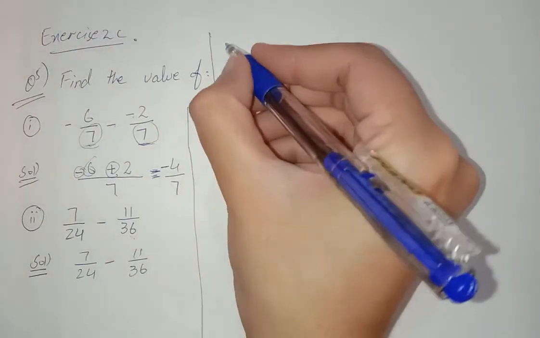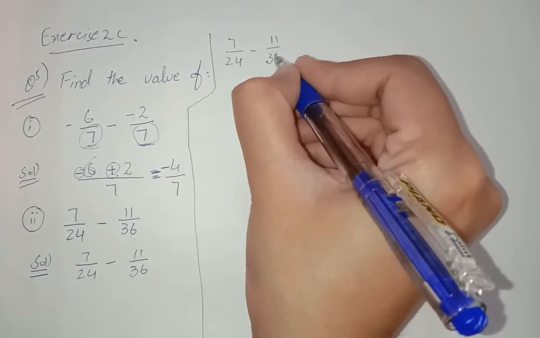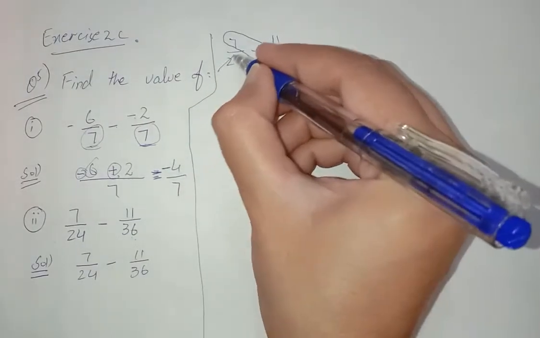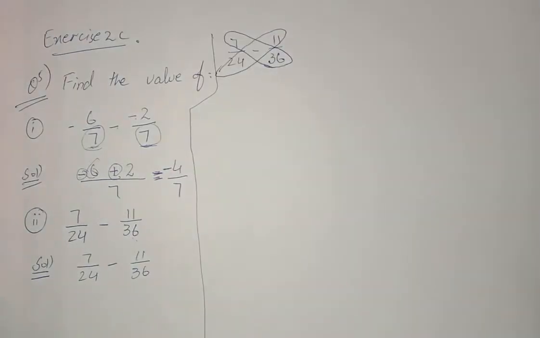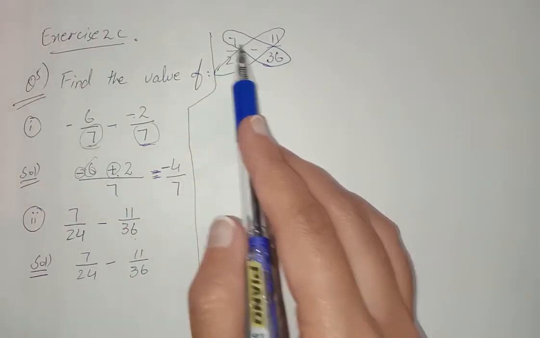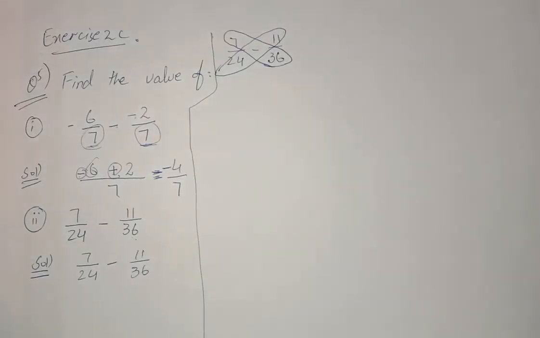I can tell you what the butterfly method is. The butterfly method is 7 by 24 minus 11 by 36. We have to make the butterfly. How can we make the butterfly? 7 is multiplied with 36 and 24 is multiplied with 11.